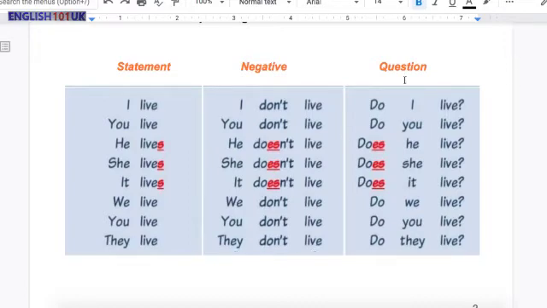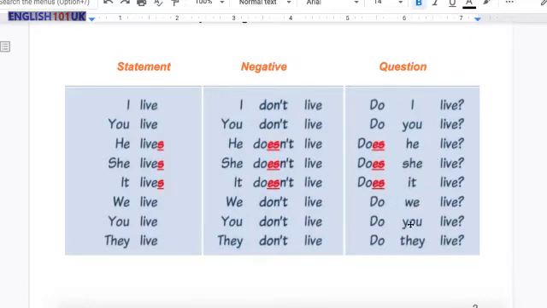How about question? We use the helping verb do to form the question, as we mentioned before. So we say, do I live here, for example? Do you live here? But does he live here? Does she live there? Does it? Do we? Do you? Do they?